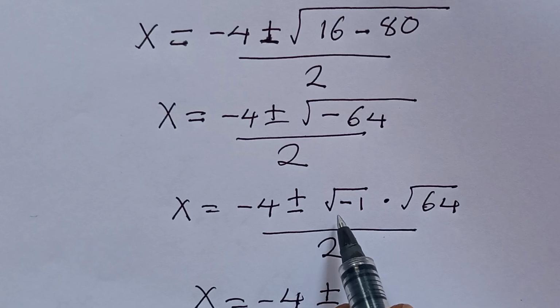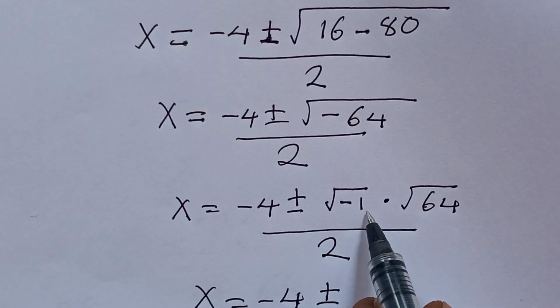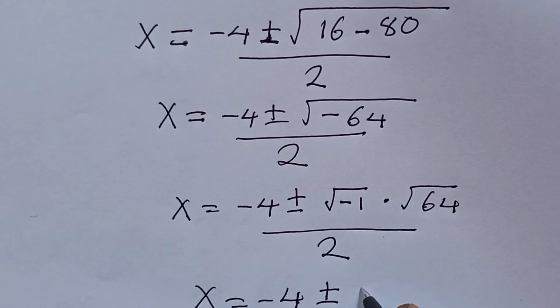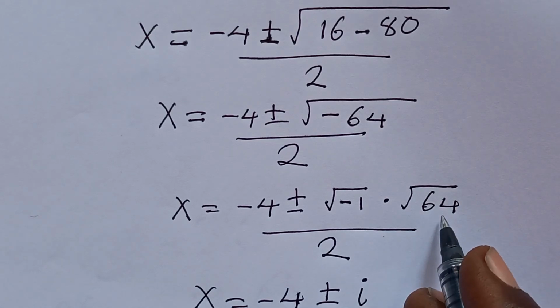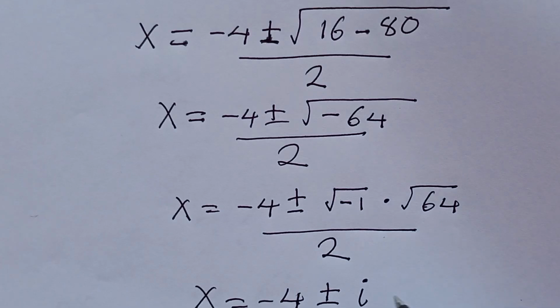Remember, root of minus 1 is i, and root of 64 is 8. So now all divided by 2.